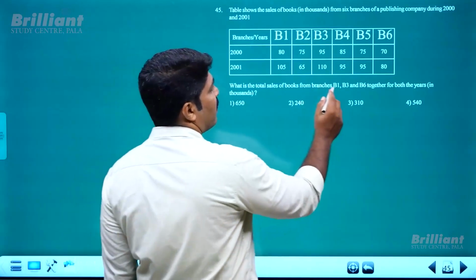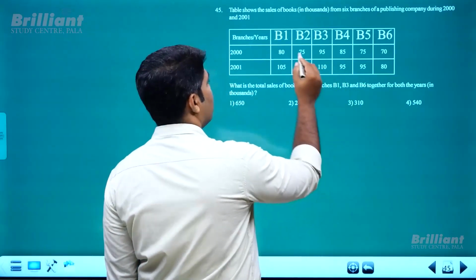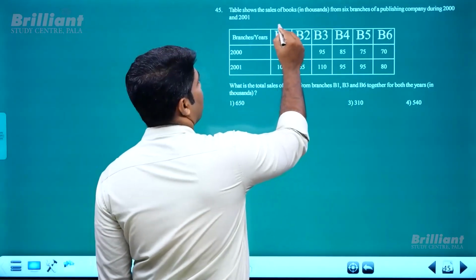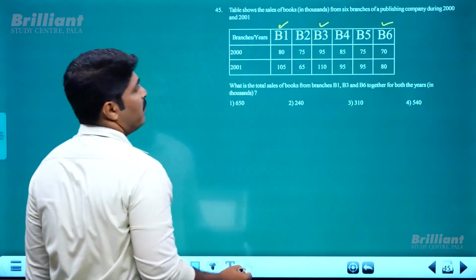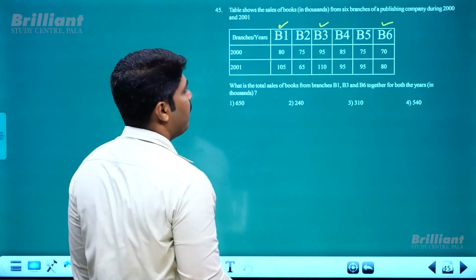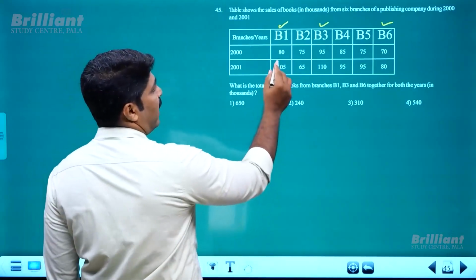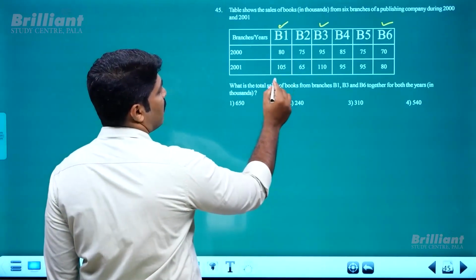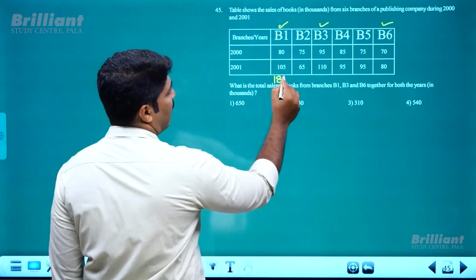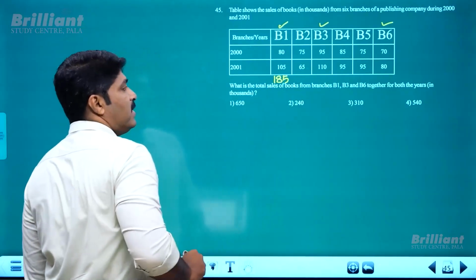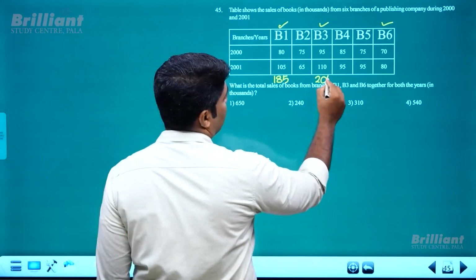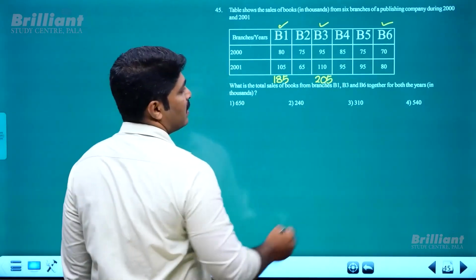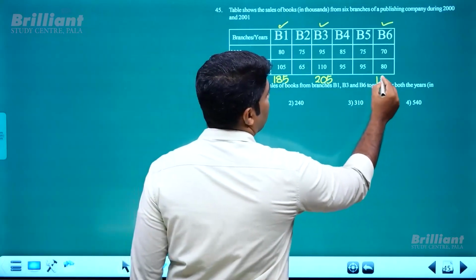Here B1, B3 and B6. So consider B1, B3 and B6. We have to add the values together. What is B1? 80 plus 105, that is 185. What is B3? While we are adding this one, this is 205. And what about B6? That is 150.